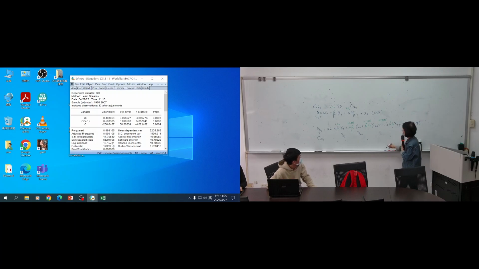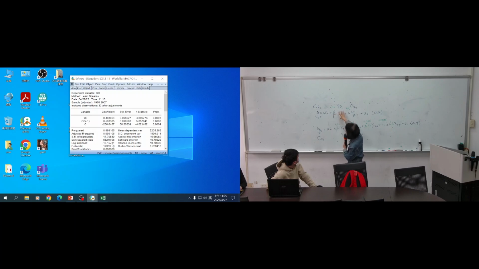Then I should have all the coefficients smoothly decline, right? And all the signs are positive because the YD is the personal disposable income, and this is the consumption.